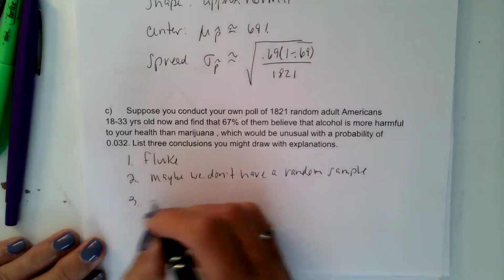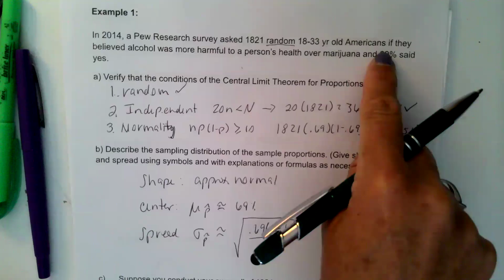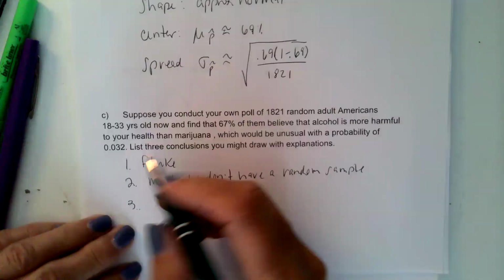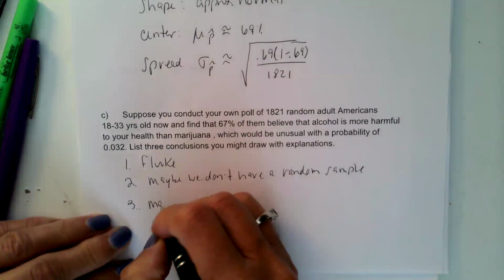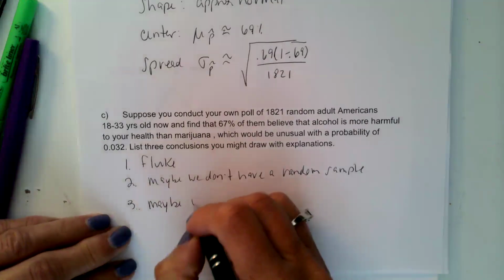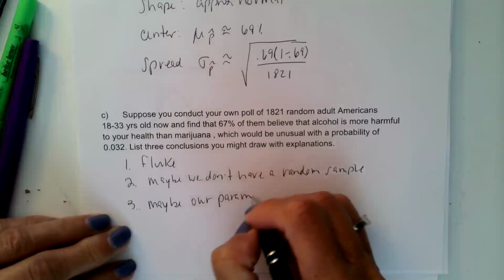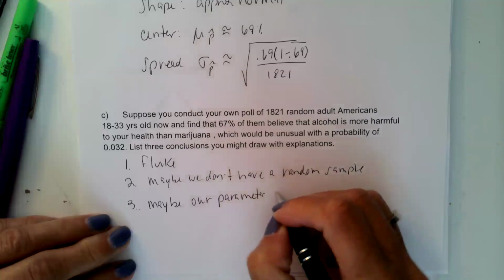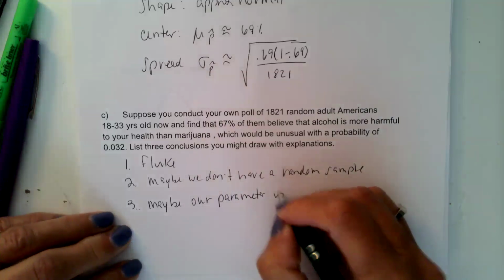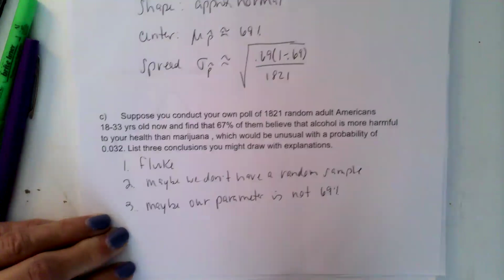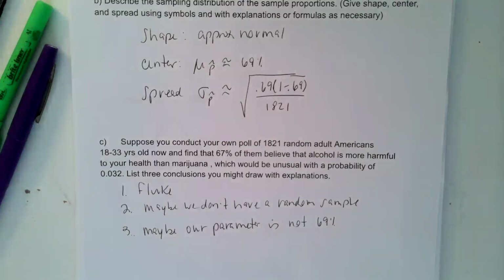The third thing that could happen is maybe this proportion of 69% that we believed for all this time to be true maybe isn't really the true proportion. So maybe our parameter is not 69%. That's a possibility.